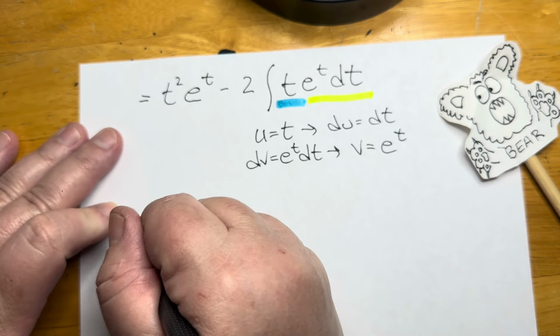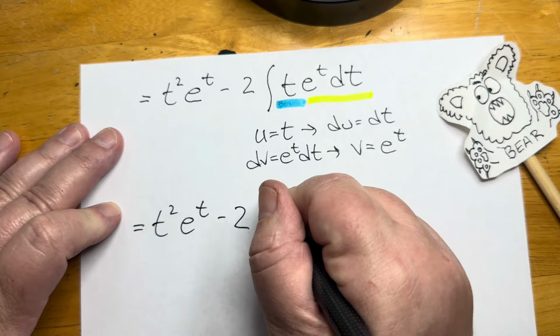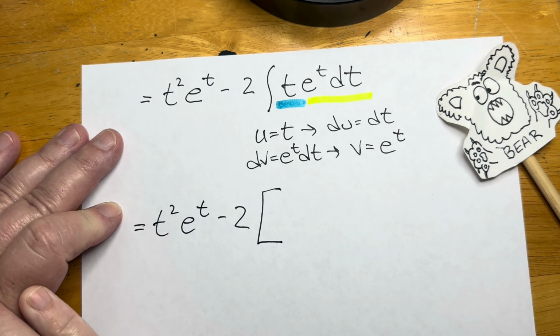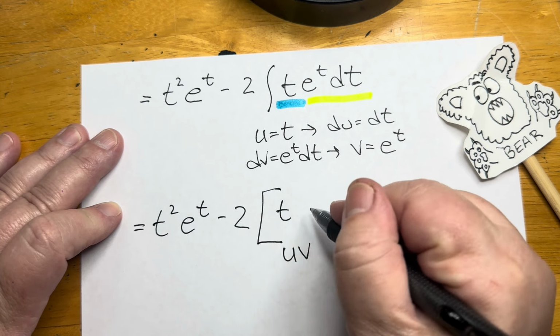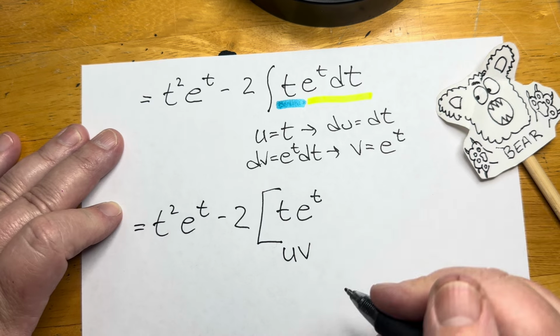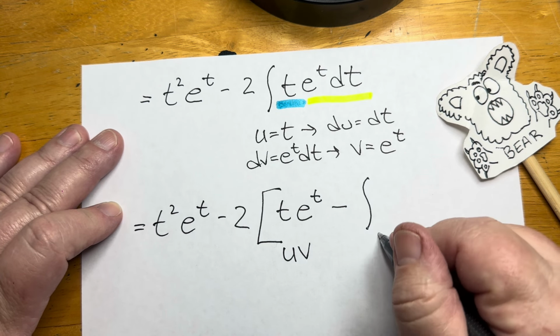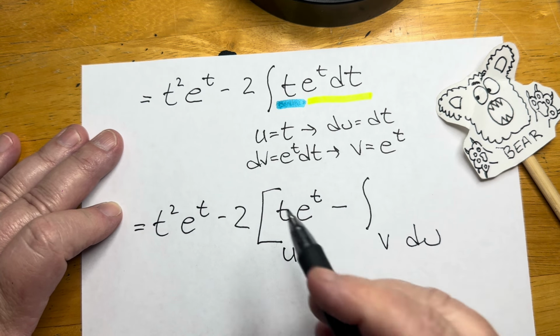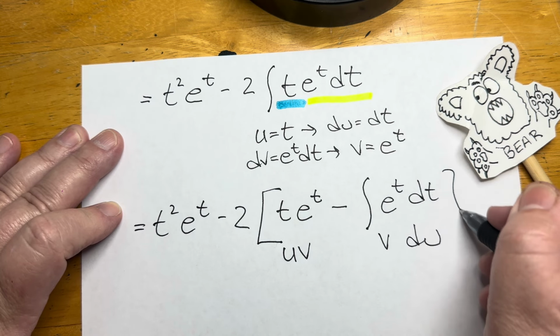So now I've got uv again, so that's t e to the t minus the integral of v du, which is going to be e to the t dt.